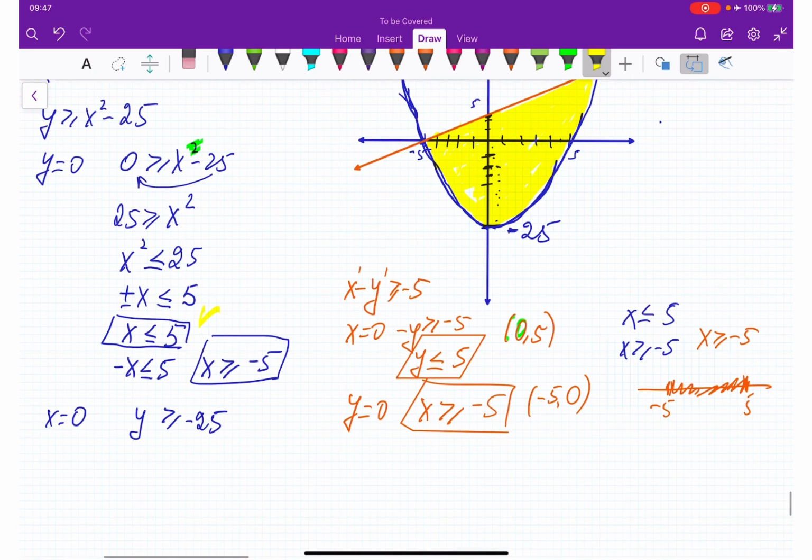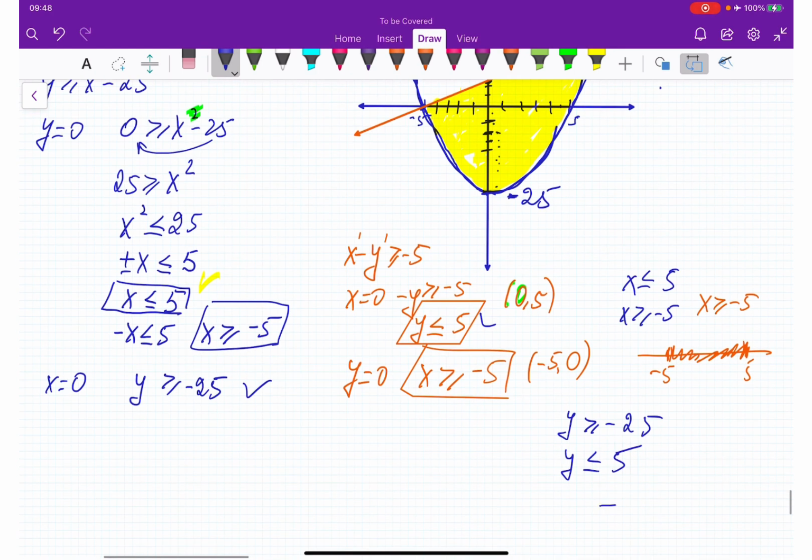Then for the y, you can write down, let's say, where is it? We have here y greater than or equal to negative 25. And here we have y less than or equal to 5, right? This one and this one. So if you put on the graph, it's going to be negative 25 here, positive 5 here.